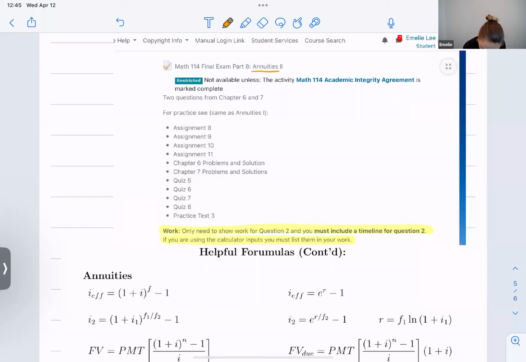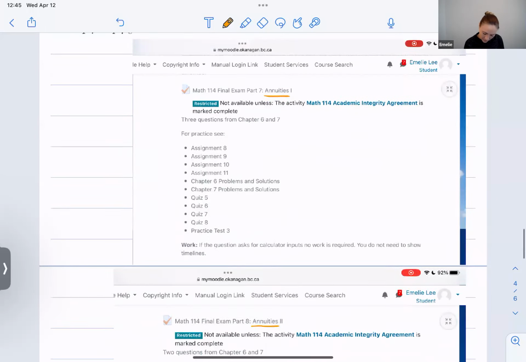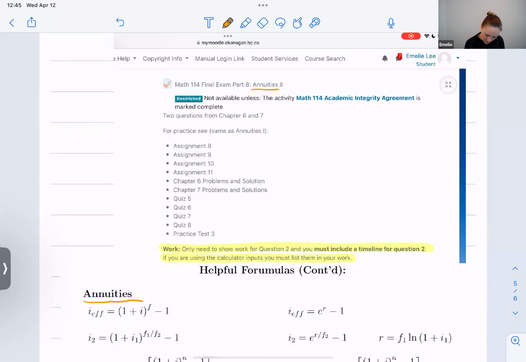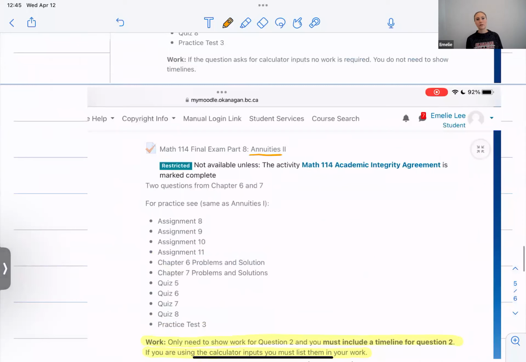But that's just how it is. Annuities 1 and annuities 2 and annuities. So quite a few marks for these annuities. If you don't have them under control yet, I suggest that maybe you start tackling those.